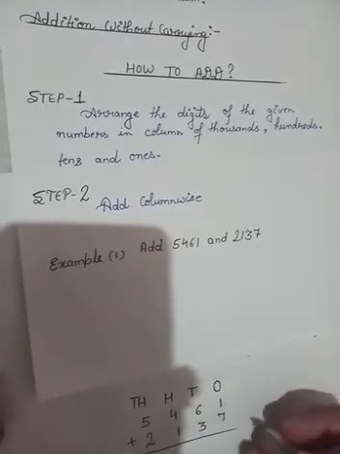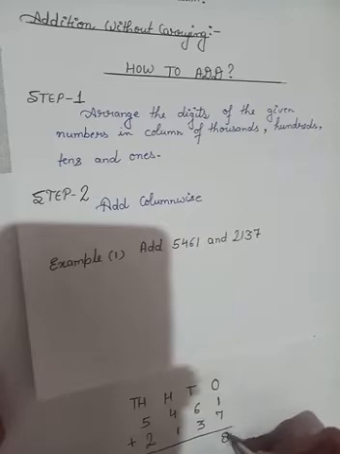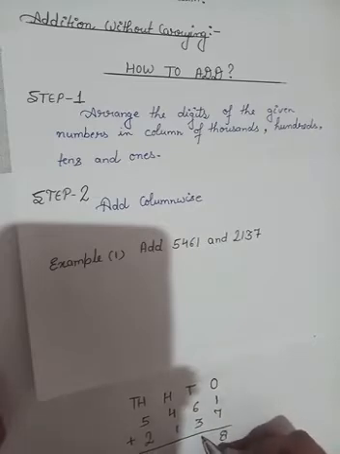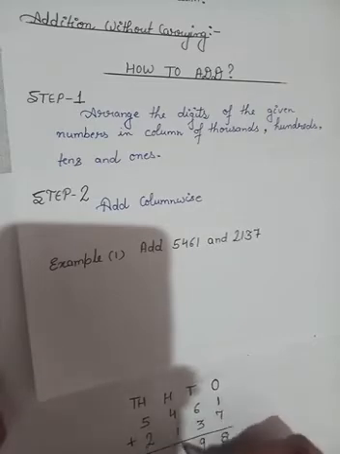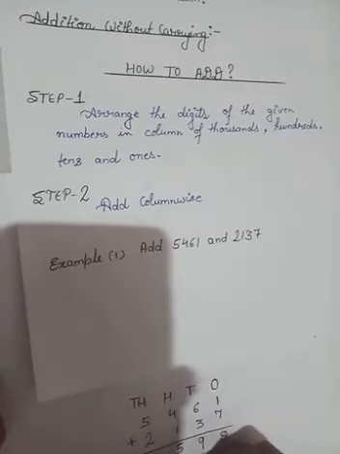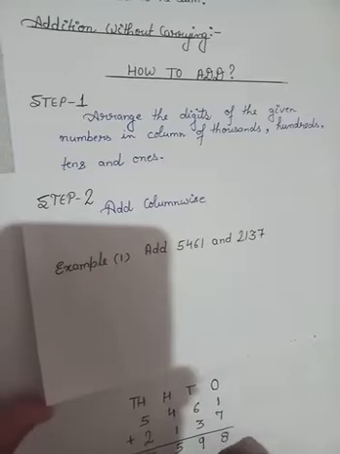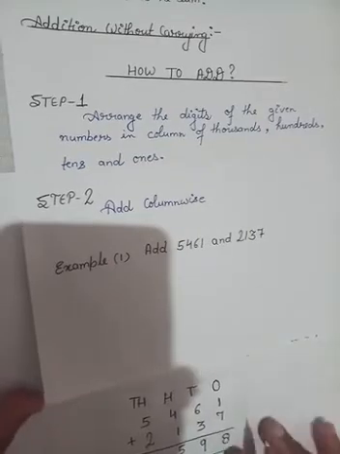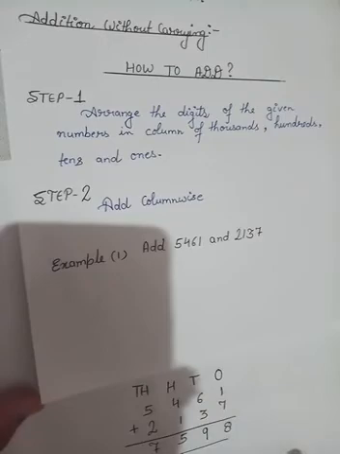7 plus 1, which is equals to 8, 6 plus 3, which is equals to 9, 4 plus 1, which is equals to 5, 5 plus 2, which is equals to 7. Now, our sum is 7598.